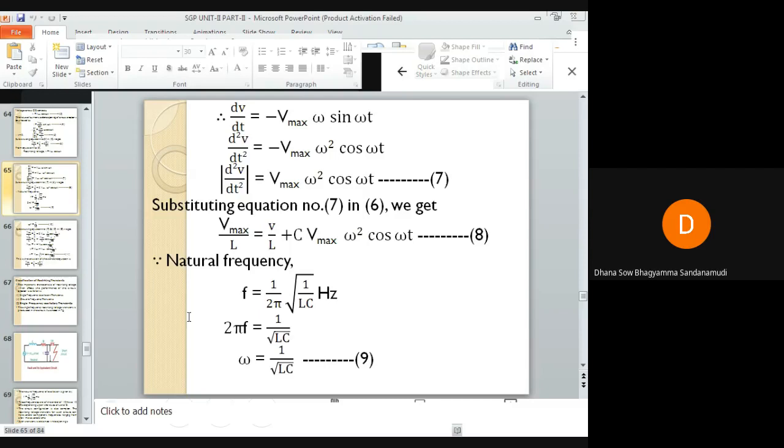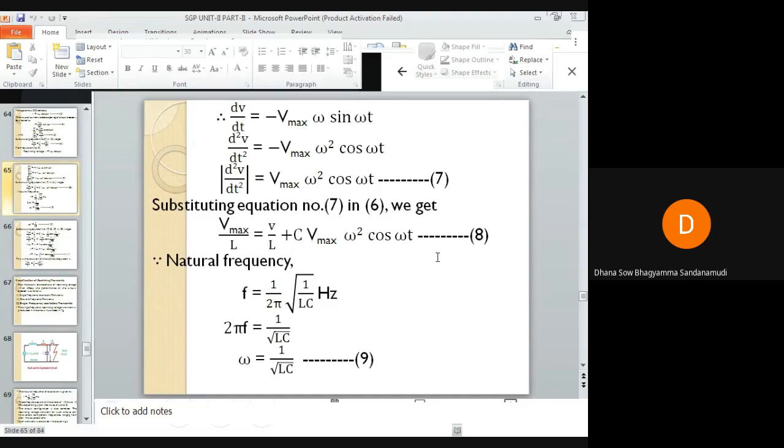Instead of d square V by dt square, substitute this expression. You will get V max by L equals V by L plus C into V max omega square cos omega t. Assume it as equation number 8. So you have got this expression: V max by L equals V by L plus C V max omega square cos omega t.